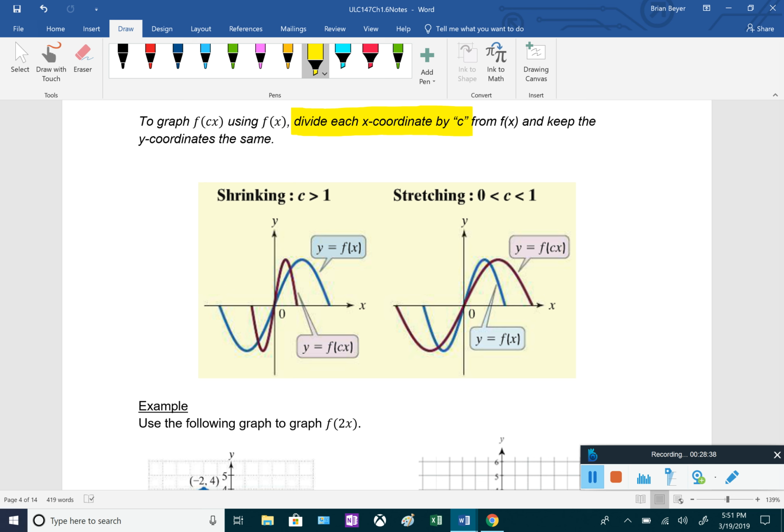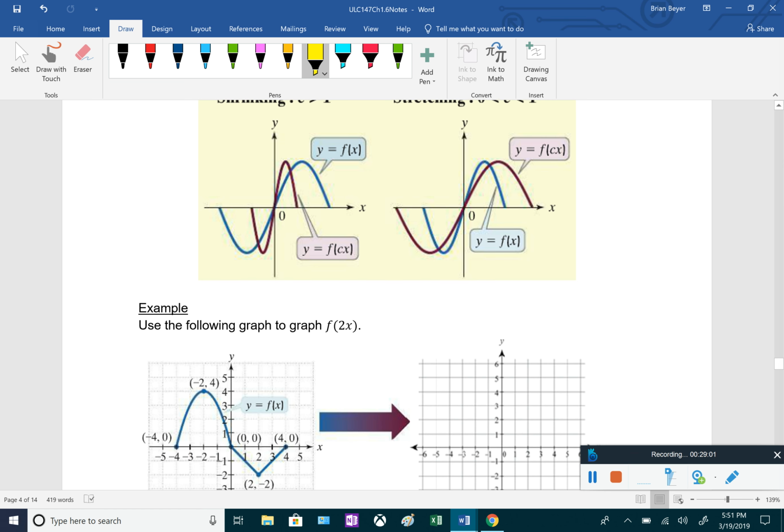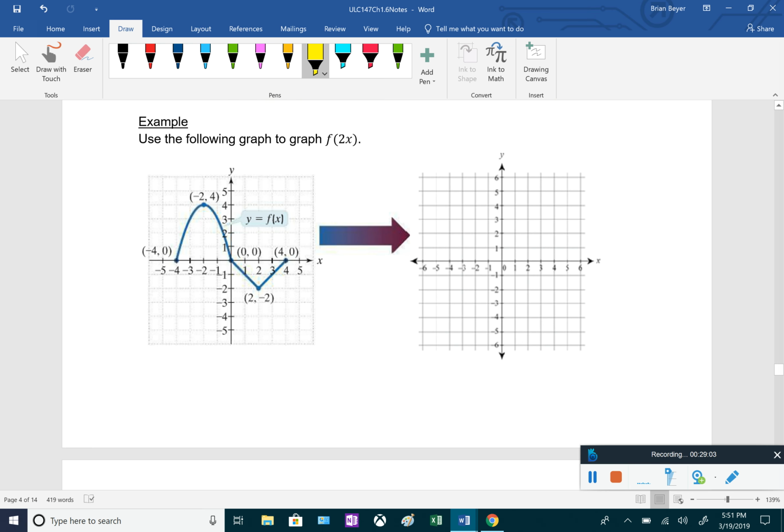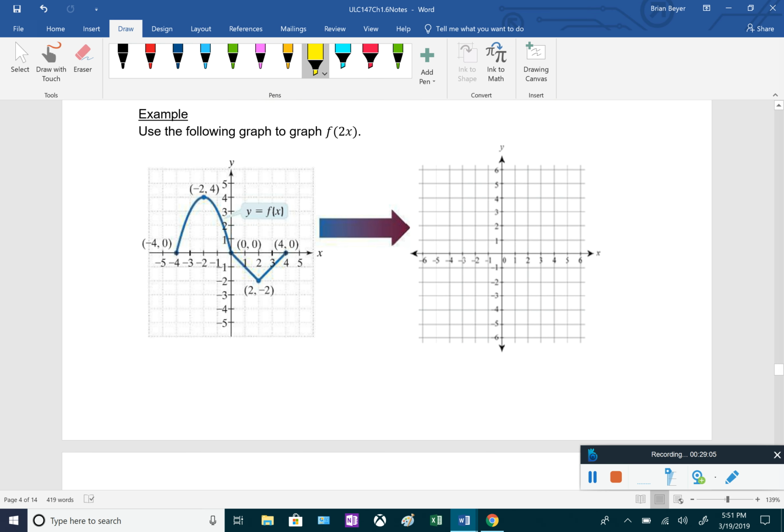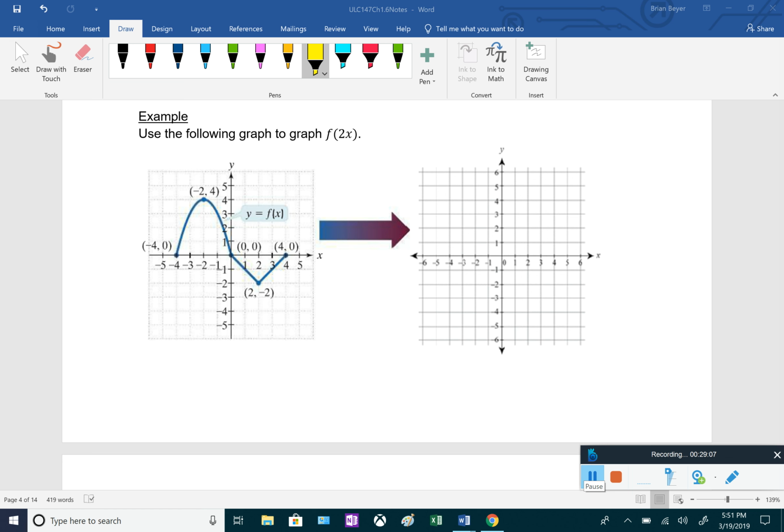We can see in this graph how it works. This is y equals f of x on the left. It's a horizontal shrink. When we graph f of cx, it gets squished in towards the y-axis. The graph on the right, horizontal stretch. When we graph f of cx, it stretches it away from the y-axis. So let's see an example of this, and then we'll get into a little bit harder ones.